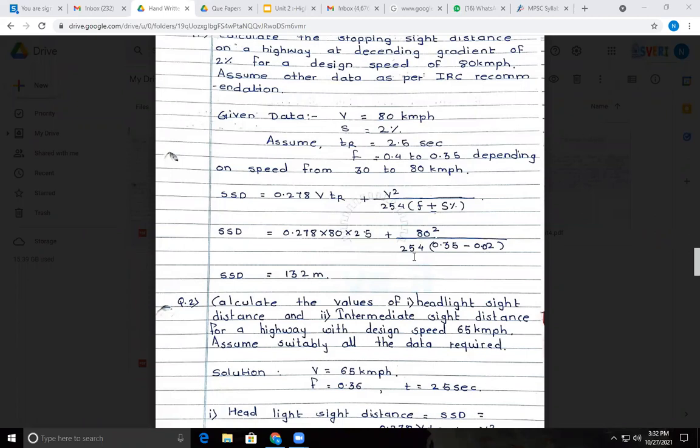Solve question number 2. Calculate the values of headlight sight distance and intermediate sight distance for the highway with the design speed of 65 kmph. Assume suitable data as required.